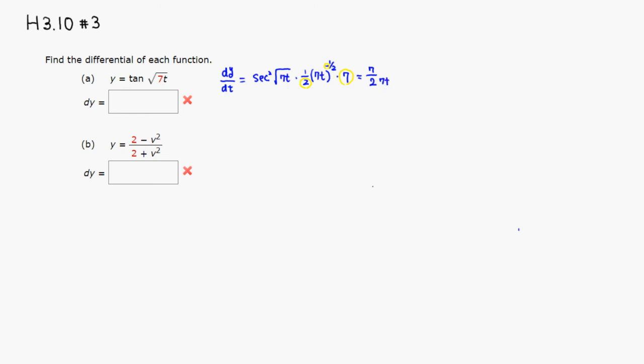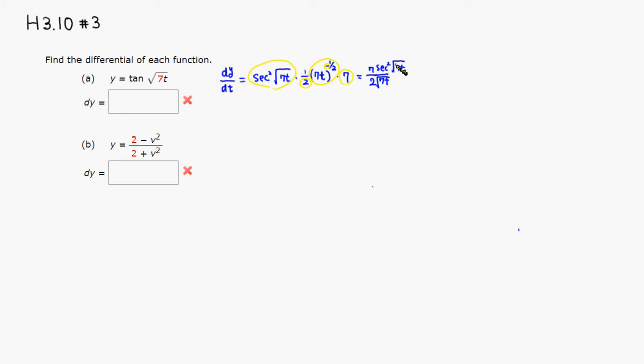And then 1/2 power is a square root, so I'm going to put the square root of 7t there. Then we have a secant squared, and I can probably put it on top, so secant squared of square root of 7t.